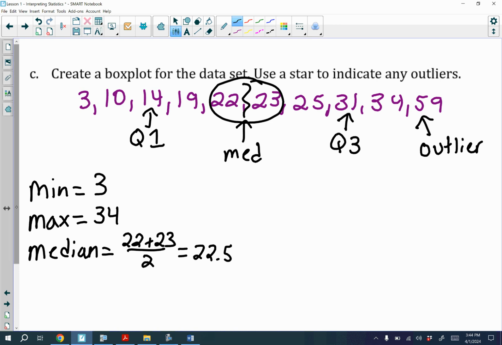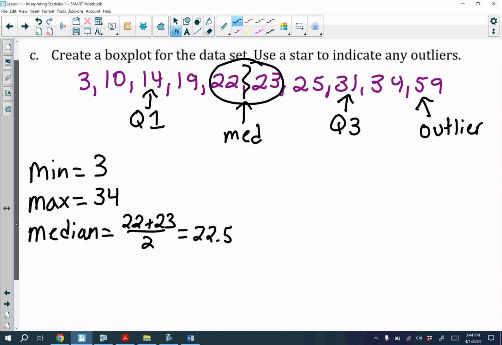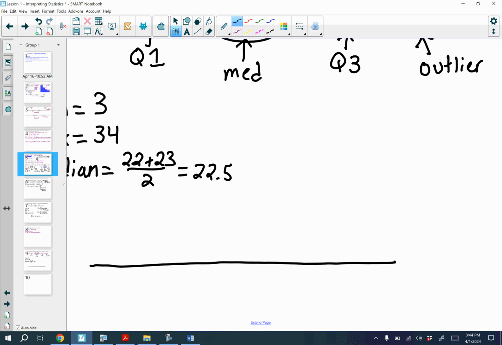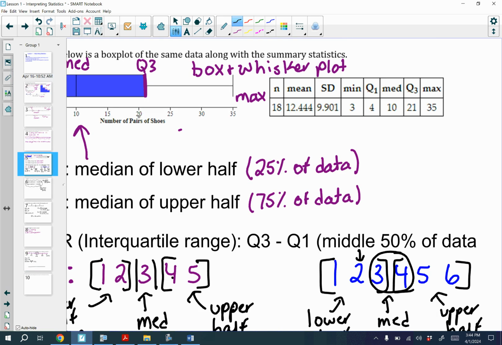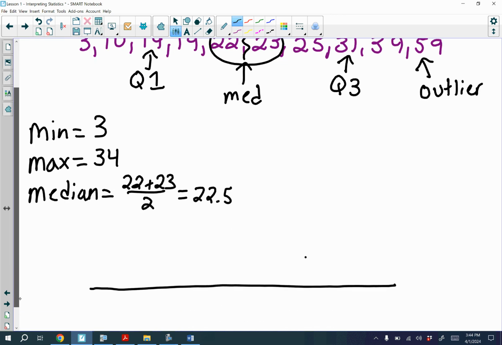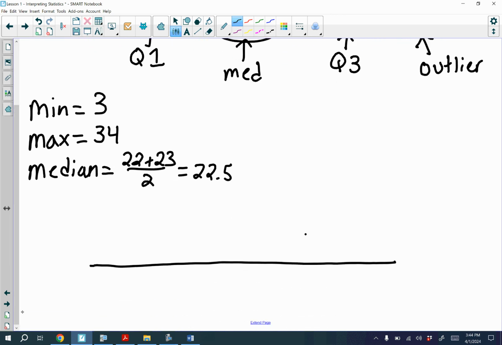Okay, now let's go ahead and create a box plot. Now you'll see on your notes that you have a number line, okay? So whenever you create a box plot, you should always have a number line, just like when we saw the example for this. Notice they had a number line. We always have to have a number line. So we can start our number line, and you can really use whatever values you want.